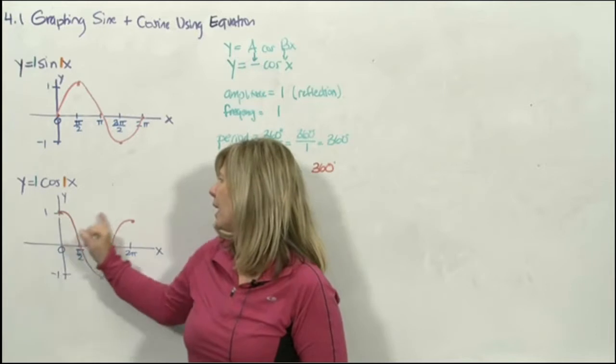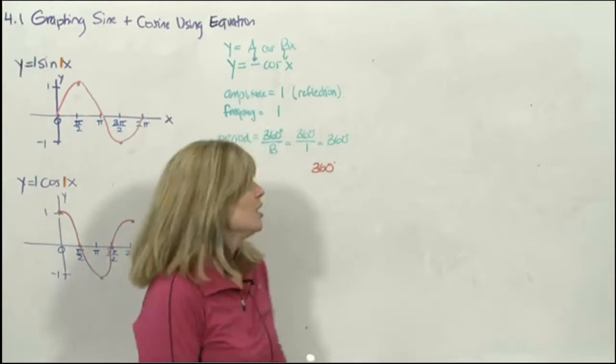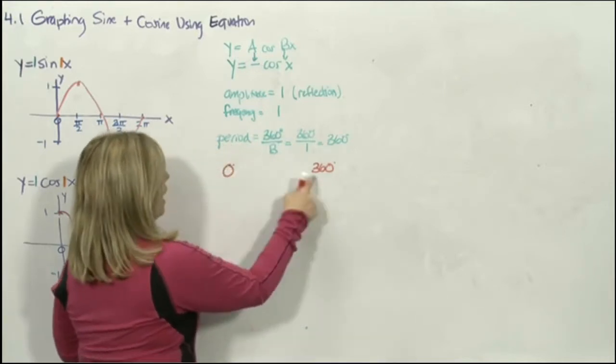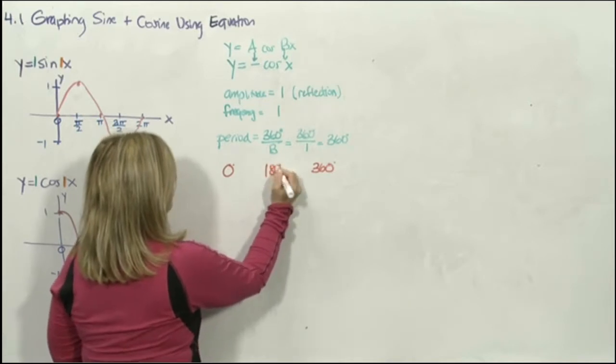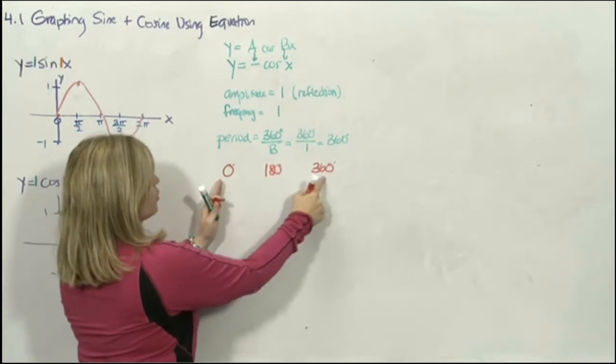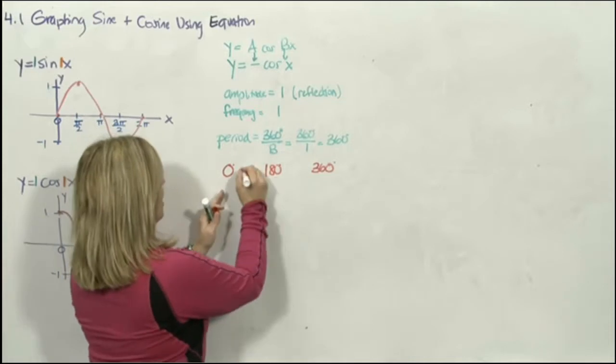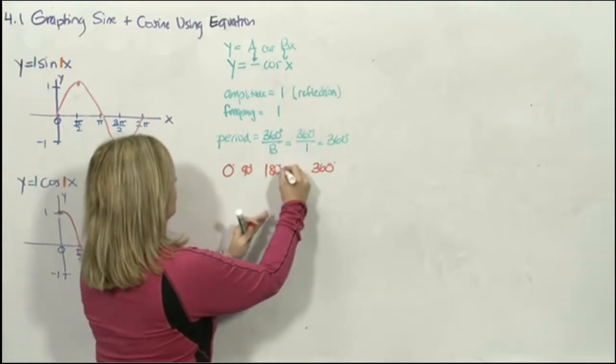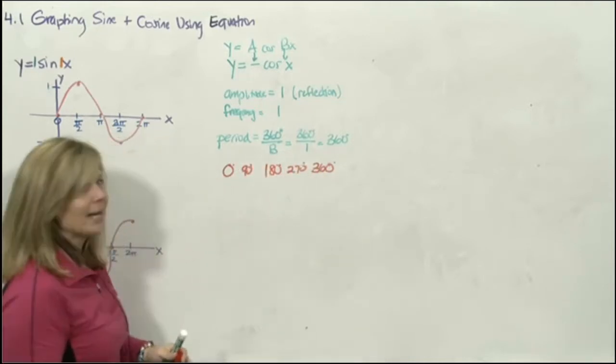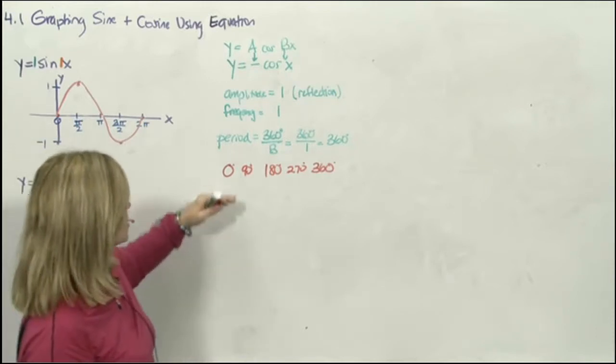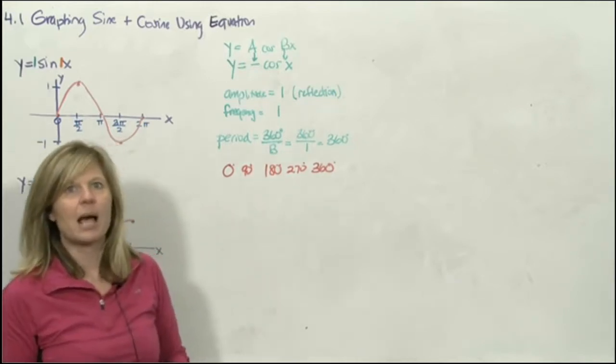I have the beginning and I have the ending. So I need the point in the middle. Halfway would be 180. That's only 3 points. I need 2 more. Halfway would be 90. Halfway would be 270. So I now know when I go to set up my x-axis, these are the 5 angle measurements I must have.